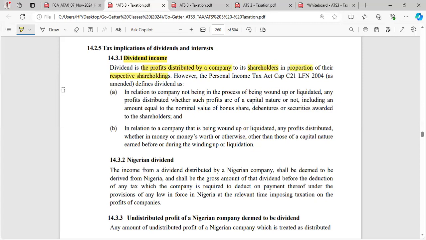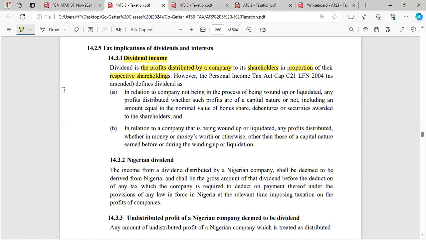So it means that, in the ongoing GT Bank shares that they are selling, if you buy the shares, you are a shareholder. Let's say you bought 1% of the shares. For somebody to get 1% of GT Bank shares, that means you have money. That means you're a 1% shareholder.